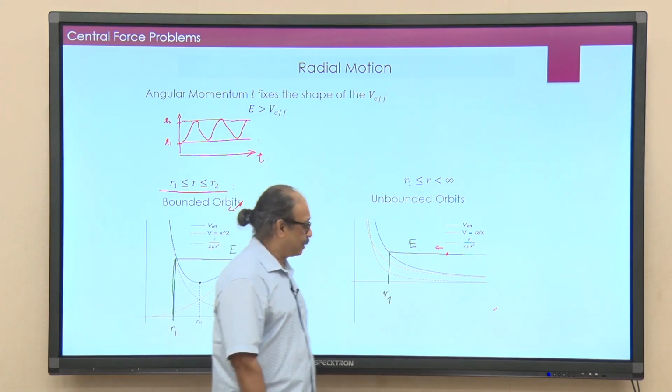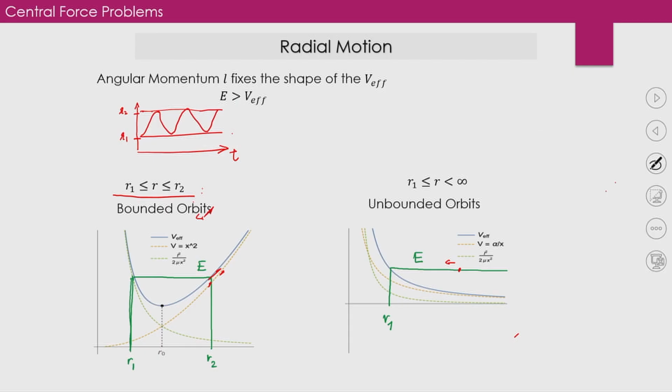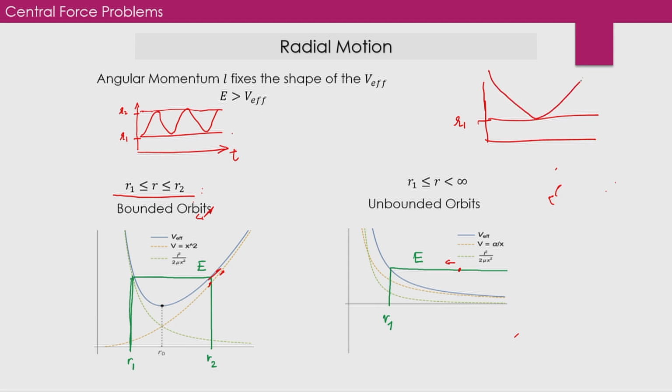So, in this case the trajectory, plotted as a function of time t, would look like this, and you have a minimum of r1, and the particle comes from there, goes there, and it will keep on going all the way to infinity. So, this is the motion that would happen if you have a curve like this.